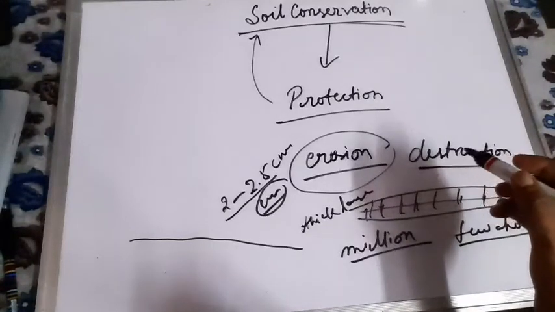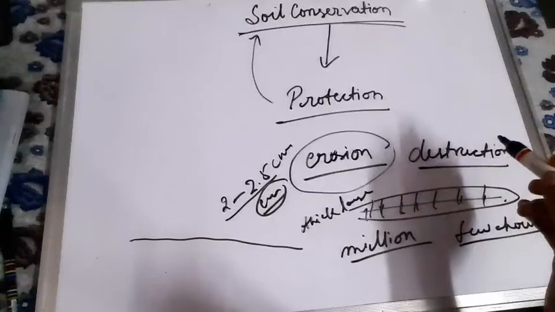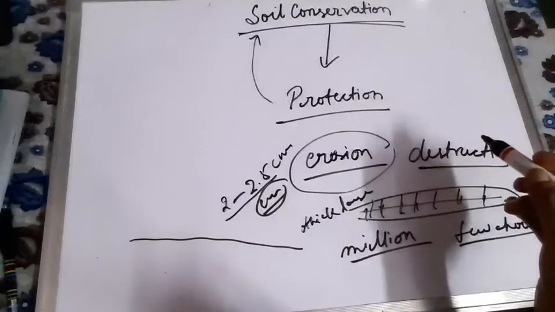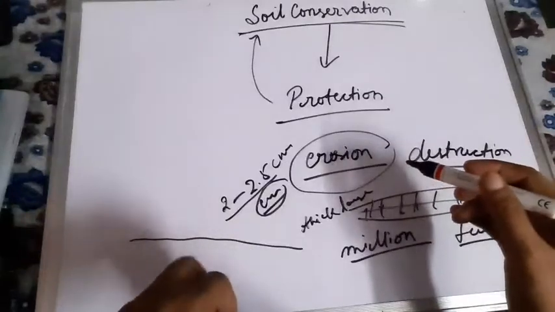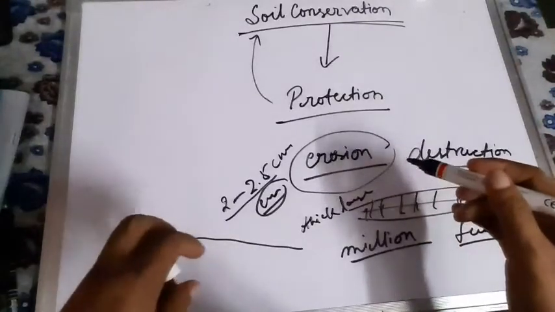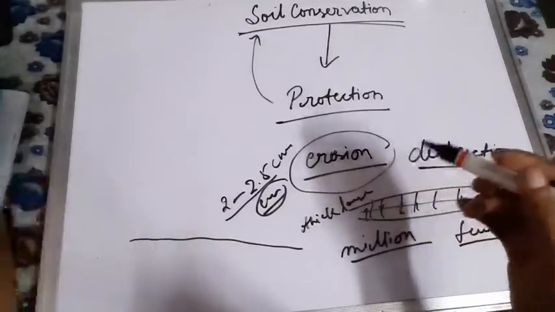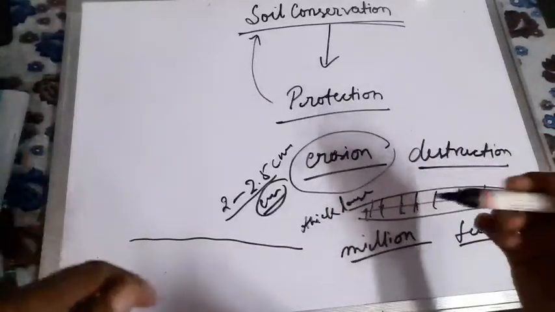There are different methods by which we can conserve the soil, but according to your reduced syllabus we are going to study only 3 to 4 types of soil conservation methods.